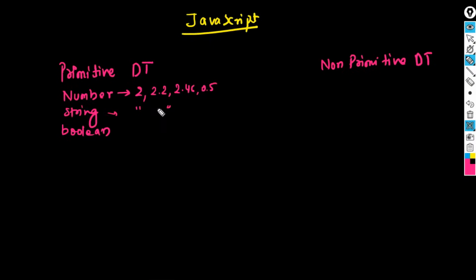If you write hello, this is a string. If you write "2" like this, it is also a string. Anything inside double or single quotes is a string value. Boolean means true and false value, 1 or 0.